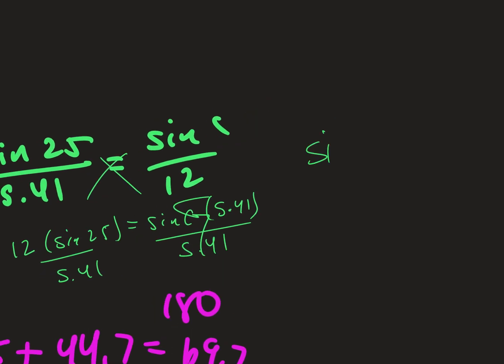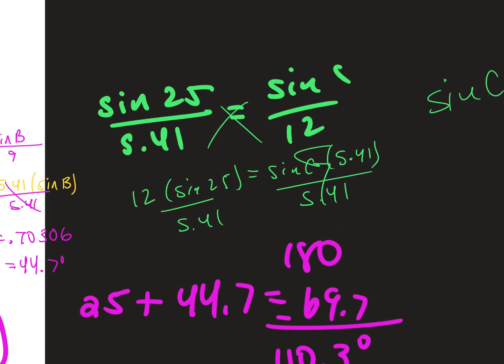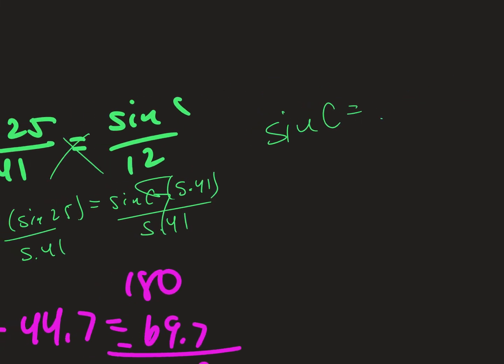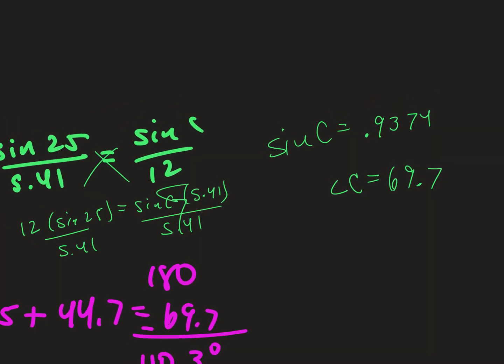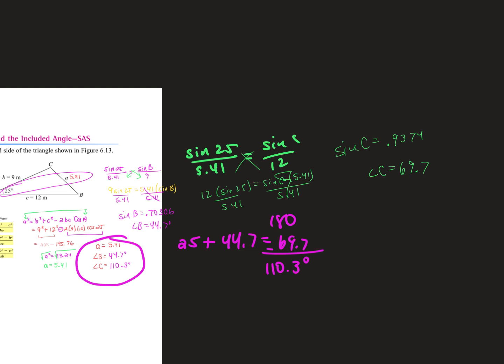So sine of C equals, what is 12 times the sine of 25 divided by 5.41? 0.9374, right? So second sine, second answer, I get angle C is 69.7, okay?